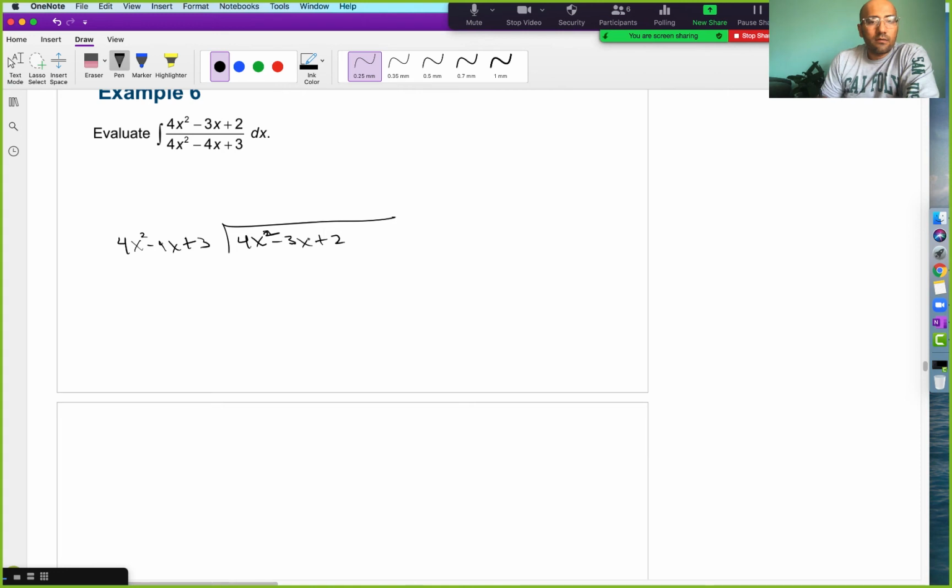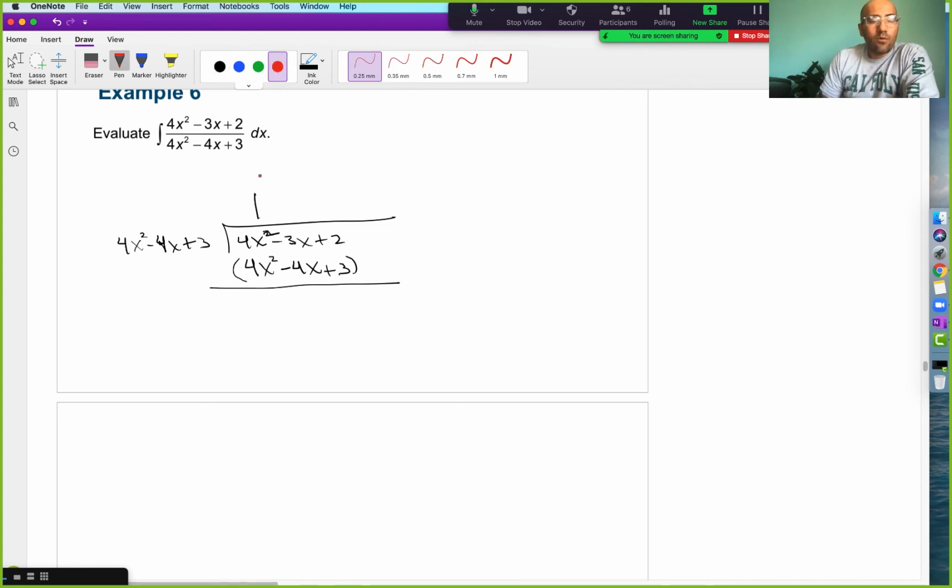All the terms are represented, since this is the power of 2, power of 1, no power, and power of 2, power of 1, no power. Let's make them identical. These are already identical, so let's put a 1 there. So 1 times this is going to be 4x squared minus 4x plus 3.